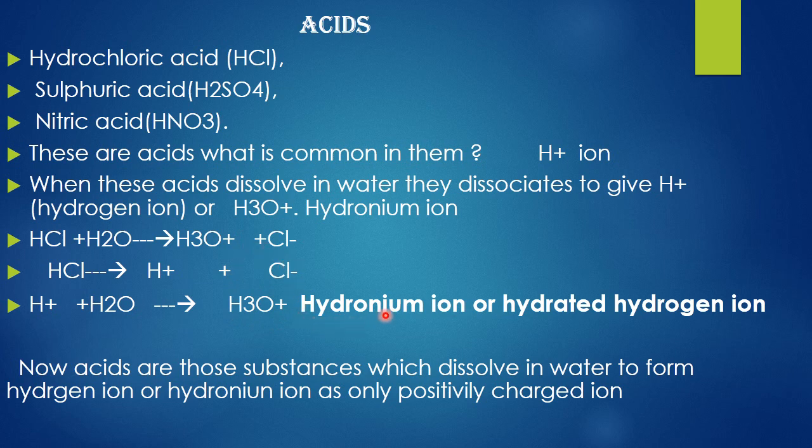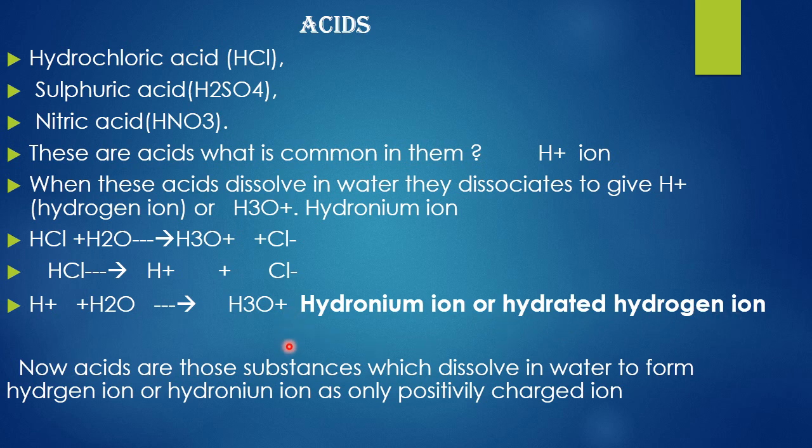Now hydronium ions are also called hydrated hydrogen ions. The word hydrated is related to water. So when water is added to hydrogen ion, it is said to be hydrated hydrogen ion. You can see here water is added to hydrogen ion, so it forms hydronium ion, which is also called hydrated hydrogen ion.